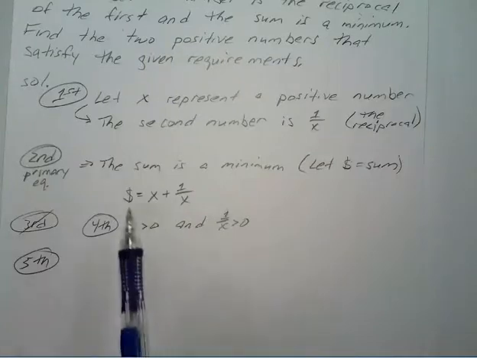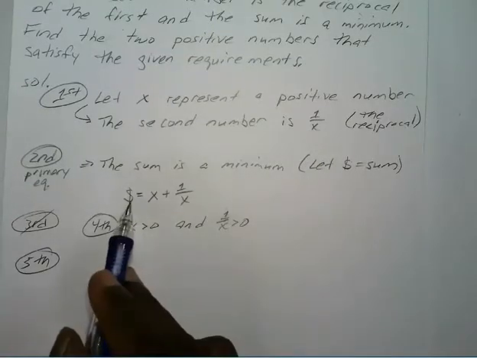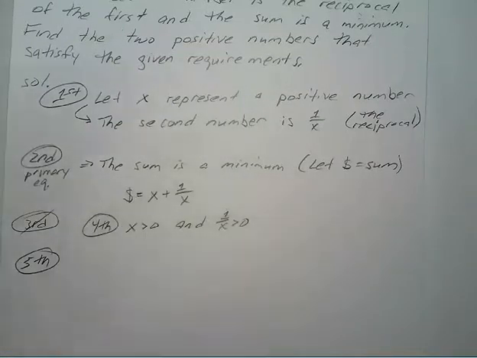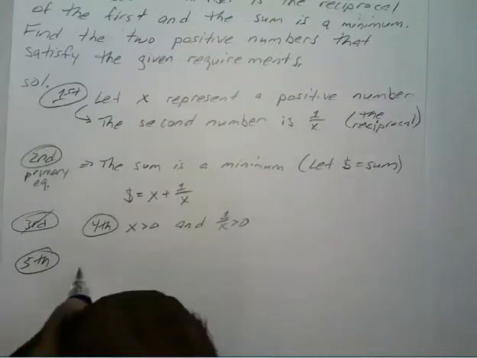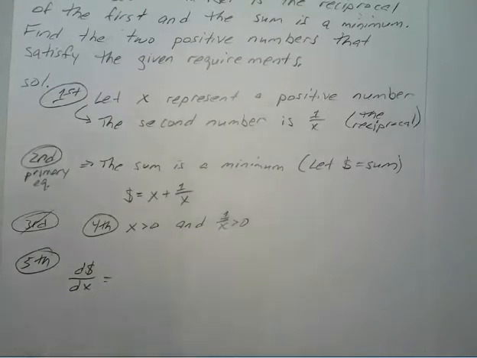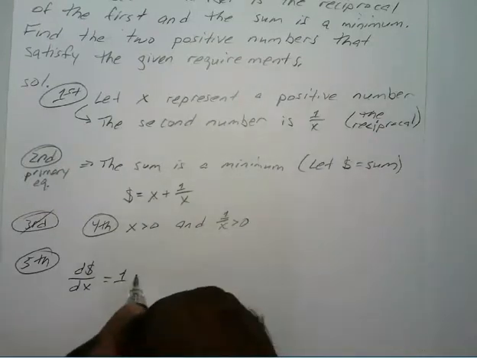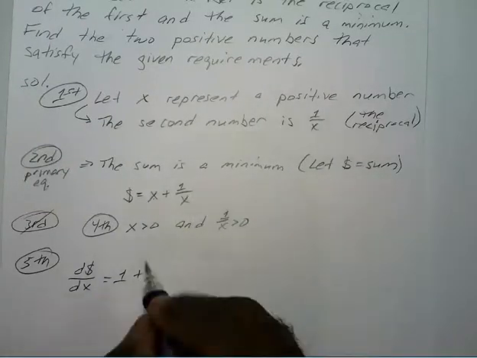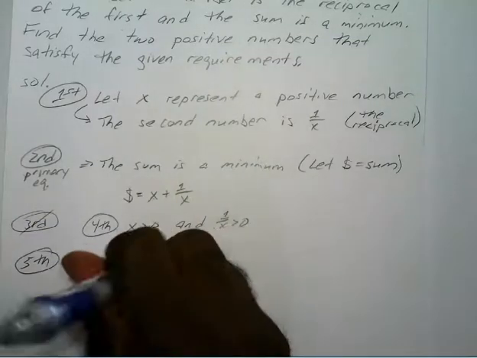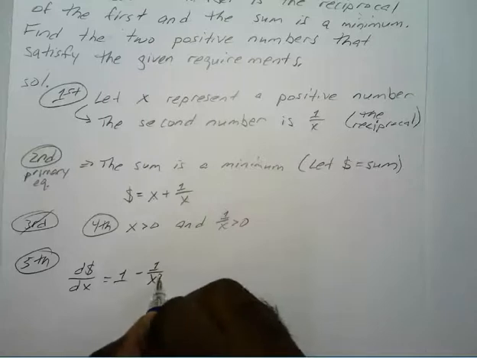Since we're looking for the minimum of our sum, we want to find the critical number, or critical point. So we take the first derivative of our primary equation. The derivative of S with respect to x: the derivative of x is 1, plus the derivative of 1 over x, which is negative 1 over x squared.